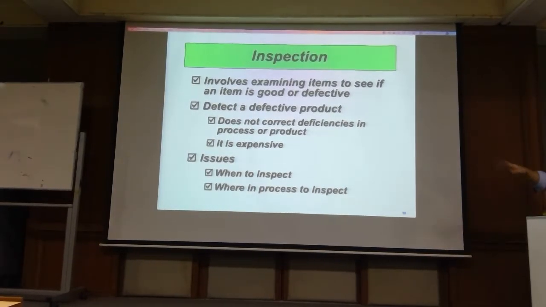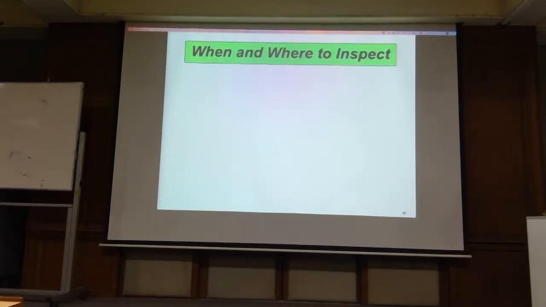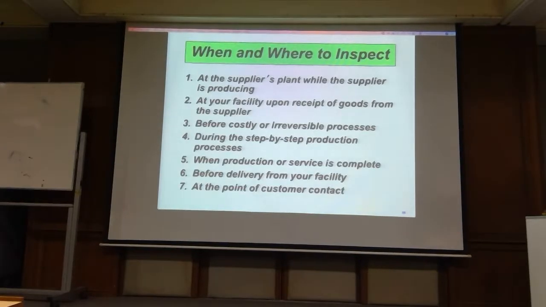So the issue is that we know inspection is not a good way to add value to the product, but we still need to have it, but not that much. The problem is when to inspect and where to inspect. This is the list that I read, and I think it covers almost every point of the process. This is the popular one on when and where to inspect.